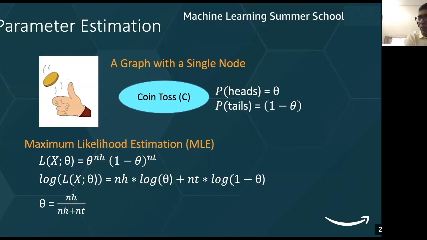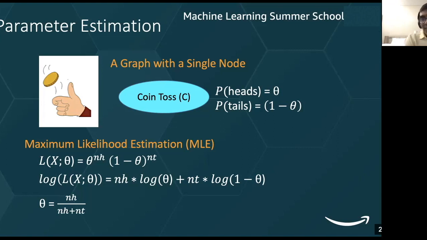But for a large majority of problems, you would not have an expert who can do that for you, or the problem scale itself would be so large that it becomes infeasible for an expert to start filling out the probability tables, given the number of enumerations that would result from a large graph, right? So how exactly can you go about it in a principled way to estimate those parameters? Let's motivate this with a simple example of, let's say, a graph with a single node and no edges.